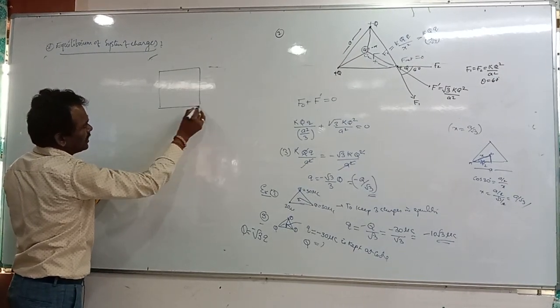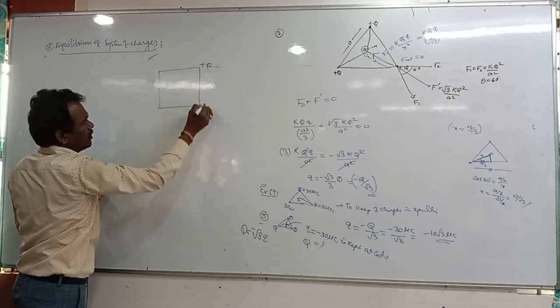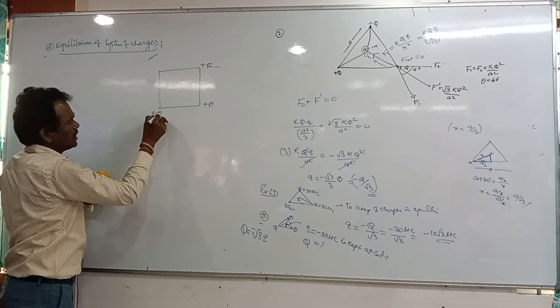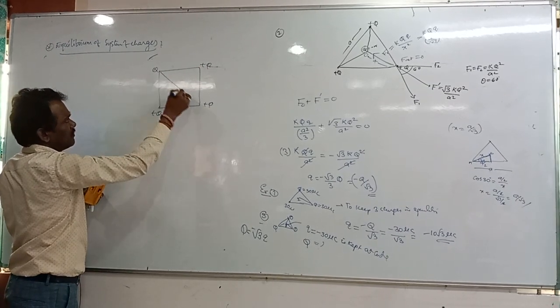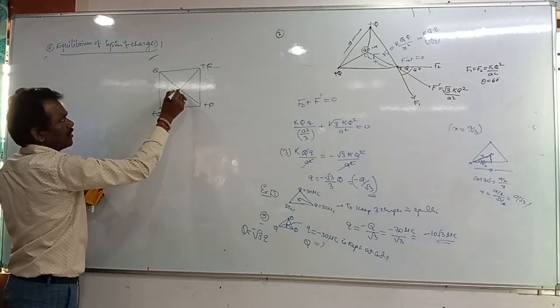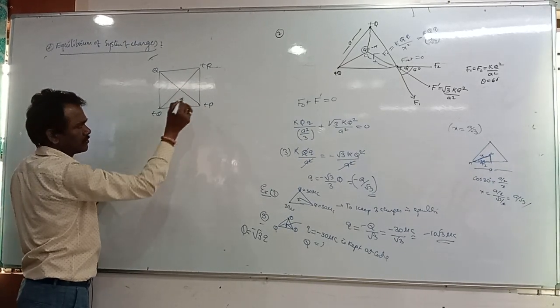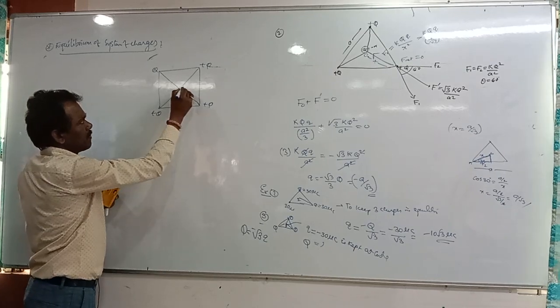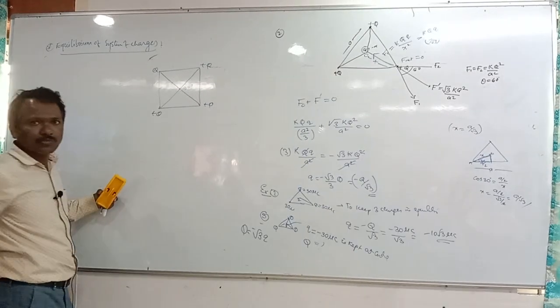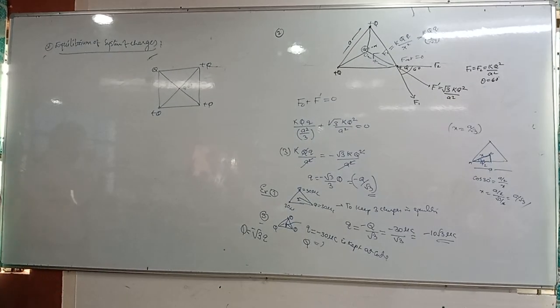Like charges, equal charges are taken at the 4 corners of a square, right? What is Q equal to? Tell me the answer.